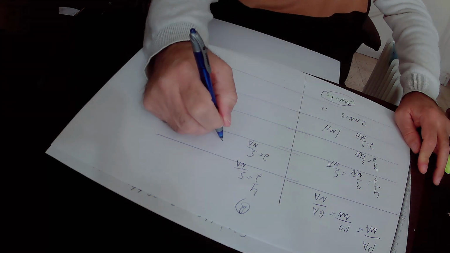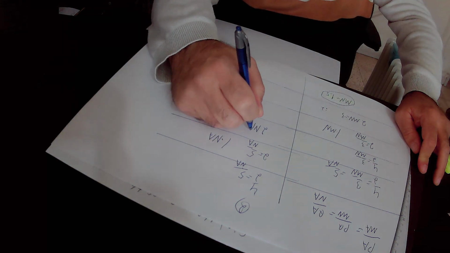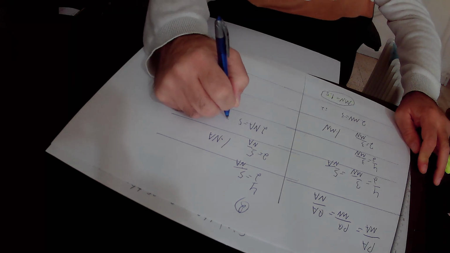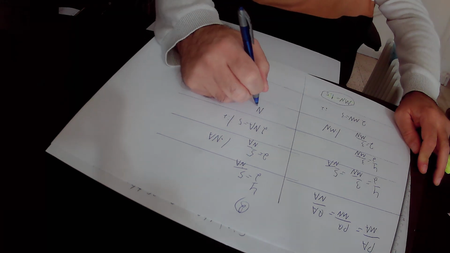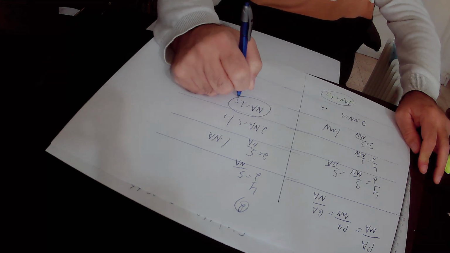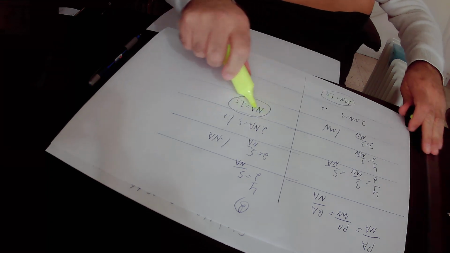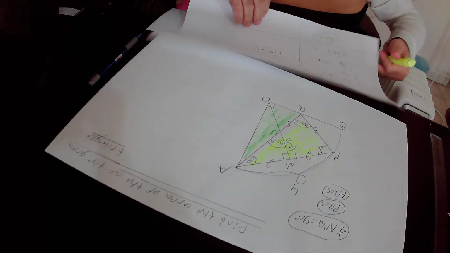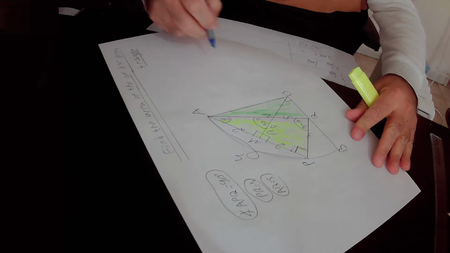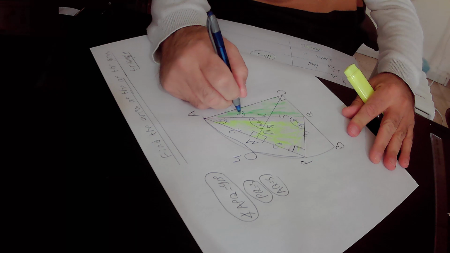We multiply this equation by NA, and we get finally that 2 times NA equals 5. We divide this equation by 2, and we get that NA equals 5 over 2, that is 2.5 units. We found out that the length of line segment NA is 2.5 units. So I write it down. NA equals 2.5 units.